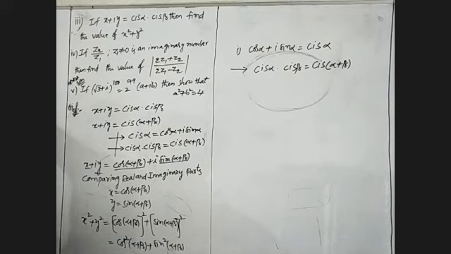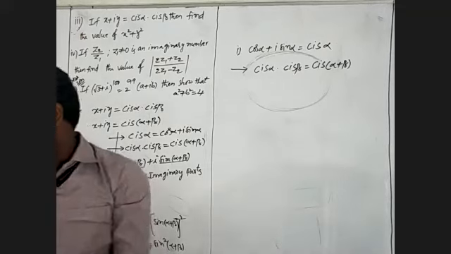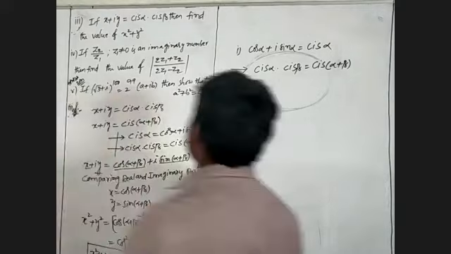Whatever theta may be, sin square theta plus cos square theta is 1. So x square plus y square is nothing but 1. This is the first one.